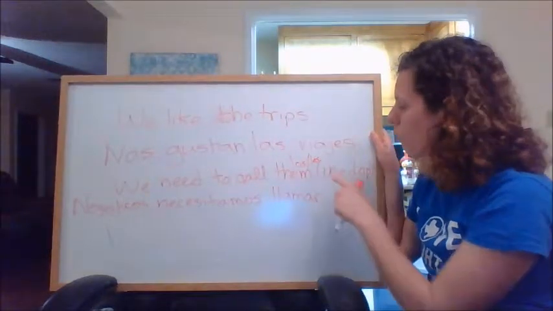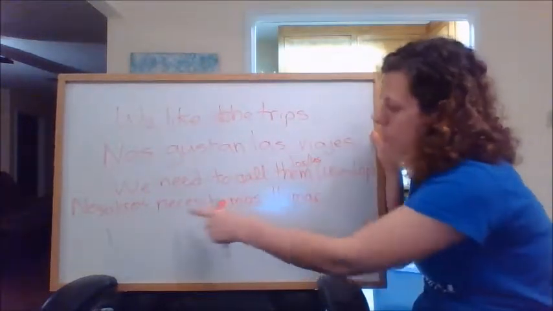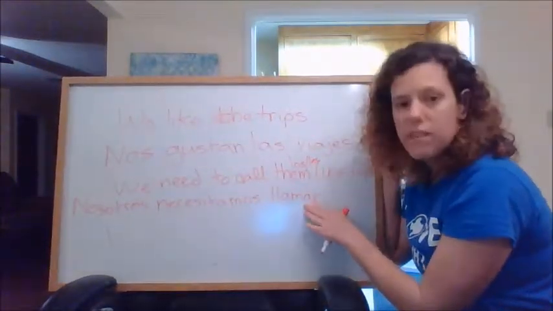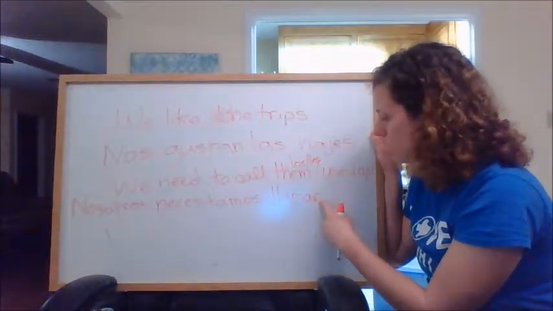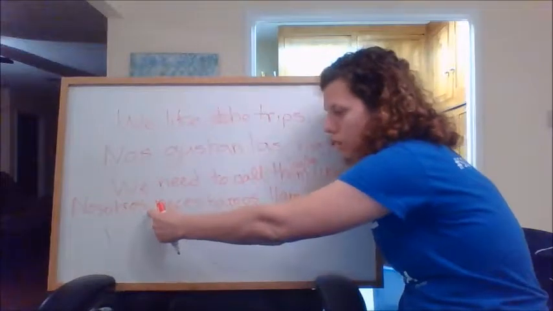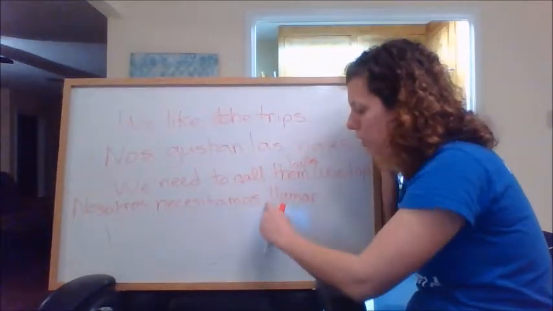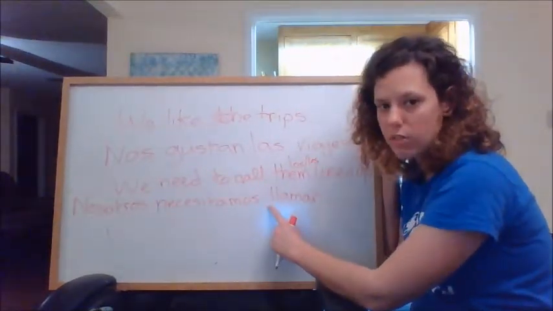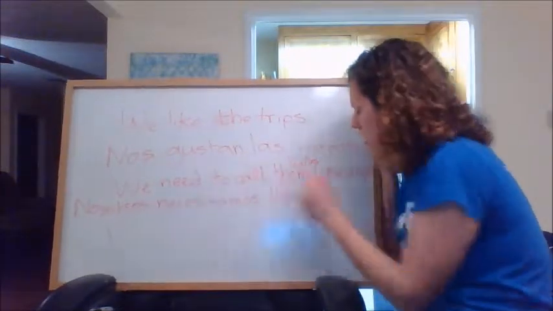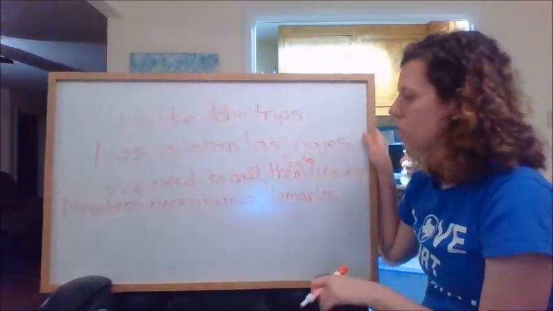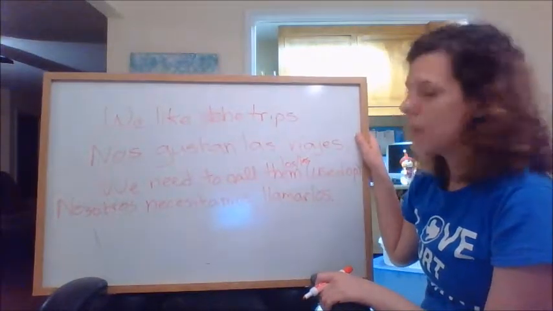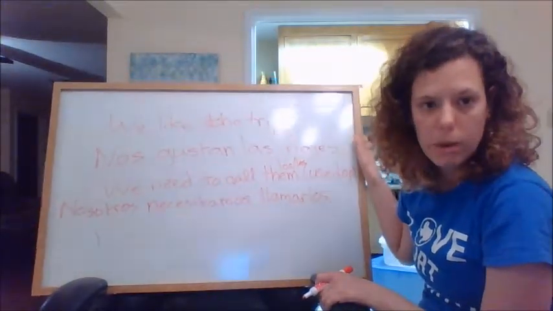Then you have to decide where the los or las goes in the sentence. There's an infinitive here, so you can either put your pronoun after and attached to the infinitive or before the conjugated verb. You can never put it between the two verbs. Never, ever, ever. It either goes here or here. I'm going to attach it right there. So nosotros necesitamos llamarlos. And that's it for that one.